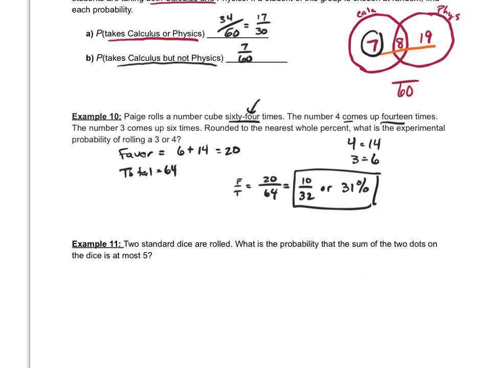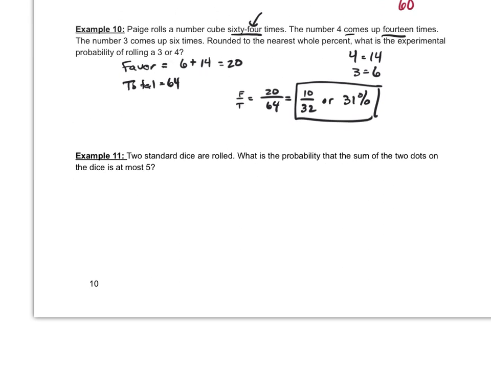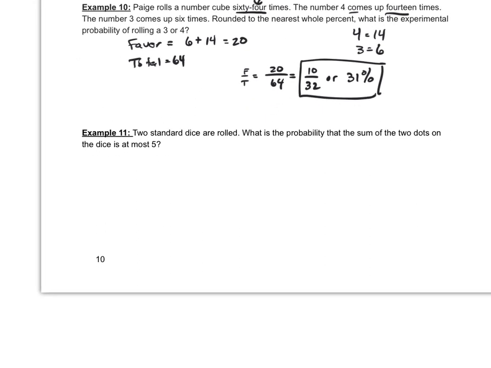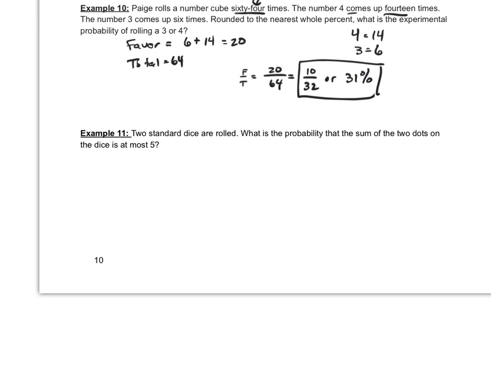And finally, our last example here, we're going to go with the standard dice are rolled. What is the probability that the sum of the 2 dots on the dice is at most 5? Okay, let's see here. When we're rolling dice, on one die we can roll a 1 and a 1. We could roll a 1 and a 2.